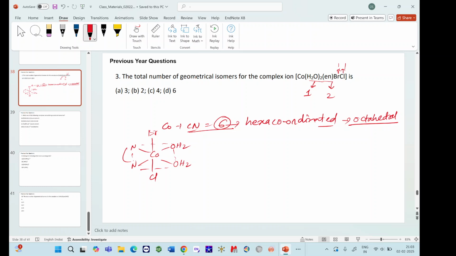Any idea how many geometrical isomers it will show? So this will actually have 4 geometrical isomers.